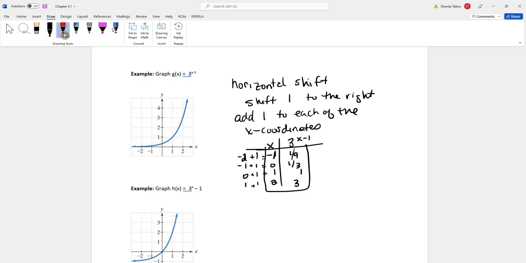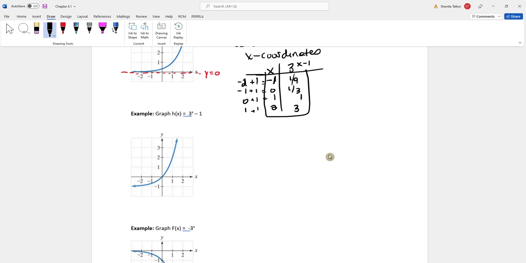Once again, the horizontal asymptote is the x-axis. It's also y equal to 0. Okay, for this next one, you have 3 to the x power minus 1. This is a vertical shift.